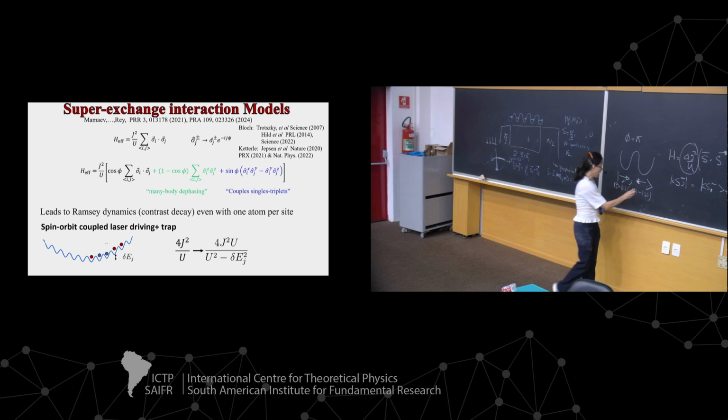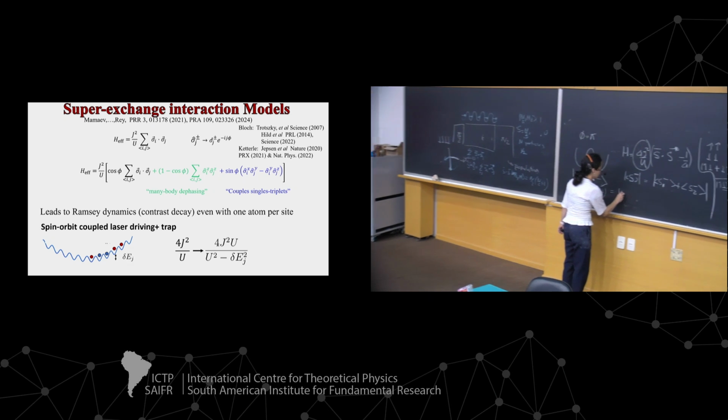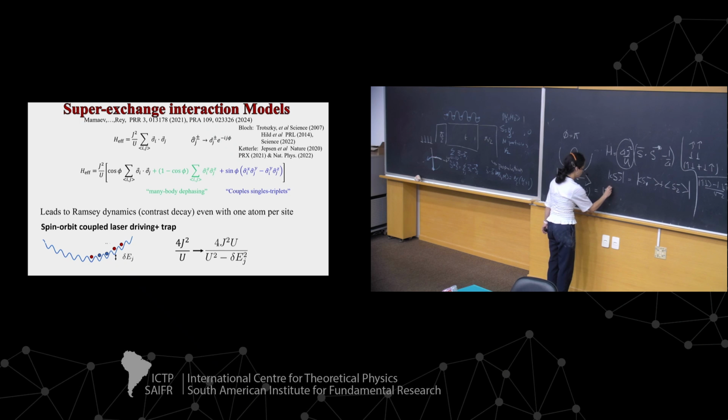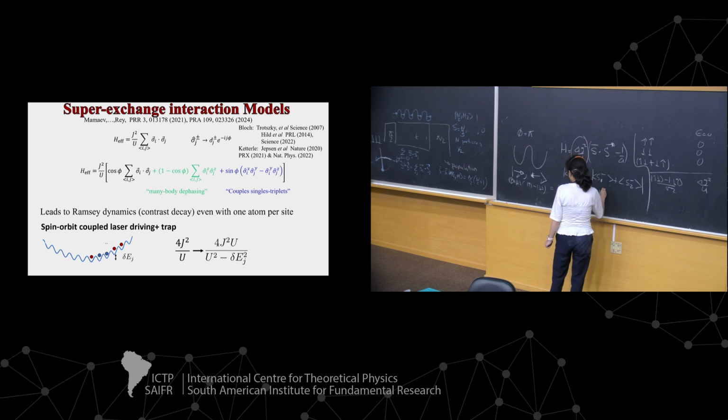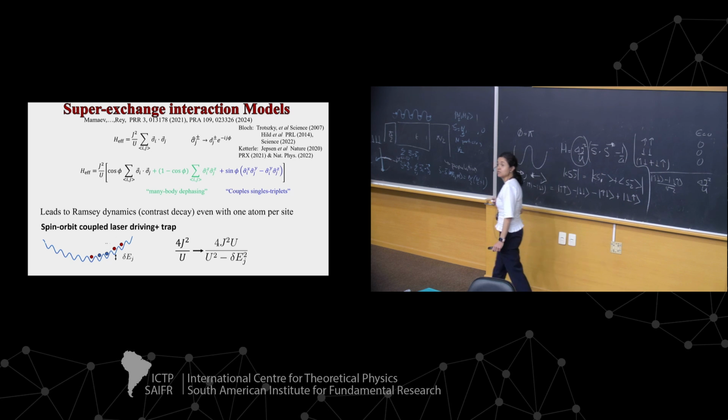So we're going to have a state that is a superposition of up, up, then minus down, down, and then a superposition here of up, down, and then plus down, up. Yes, this is my initial state.